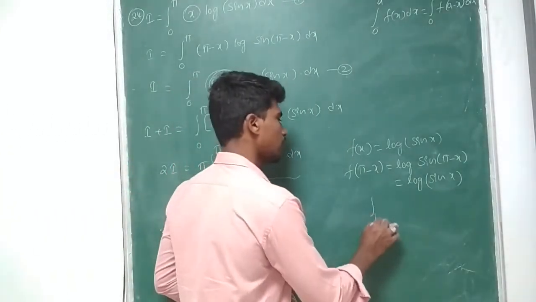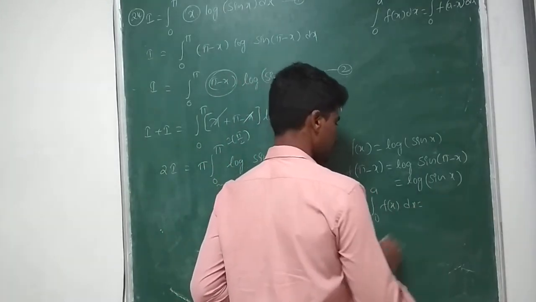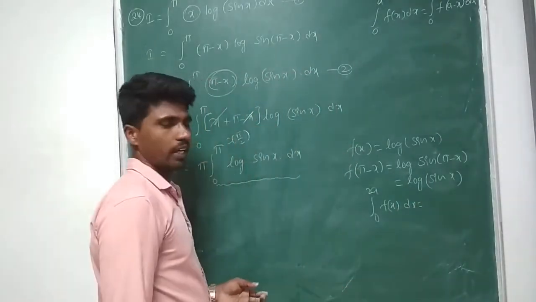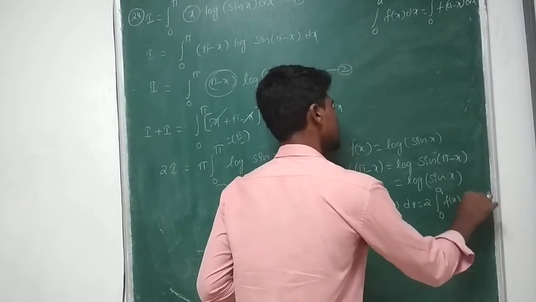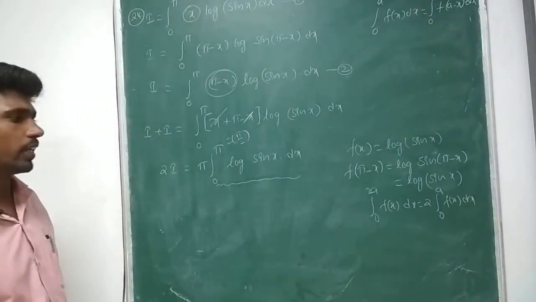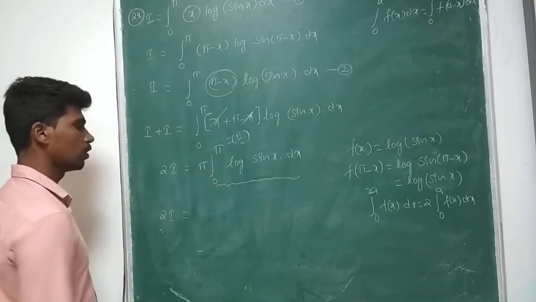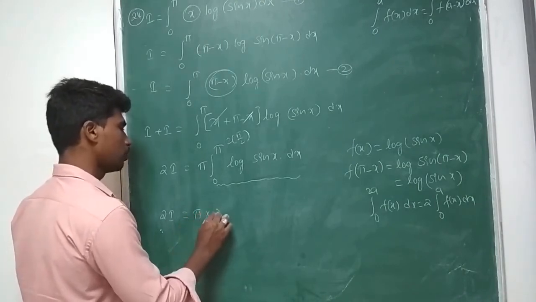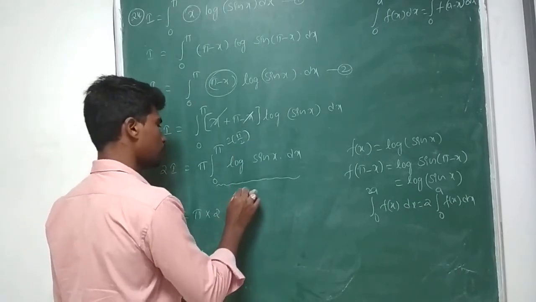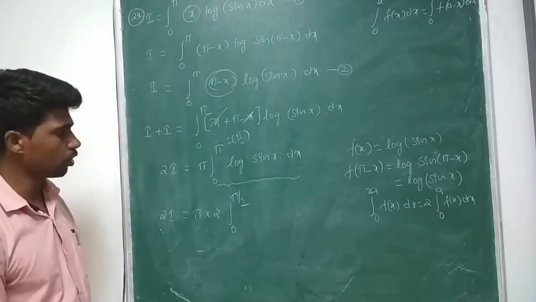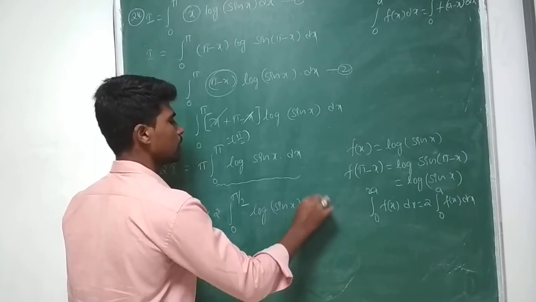Then integral 0 to 2a f of x dx can be written as 2 into integral 0 to a f of x dx. So then the given integral changes. 2I is equal to pi into 2 into integral 0 to a, where the value of a is pi by 2, of f of x, which is log sin x dx.